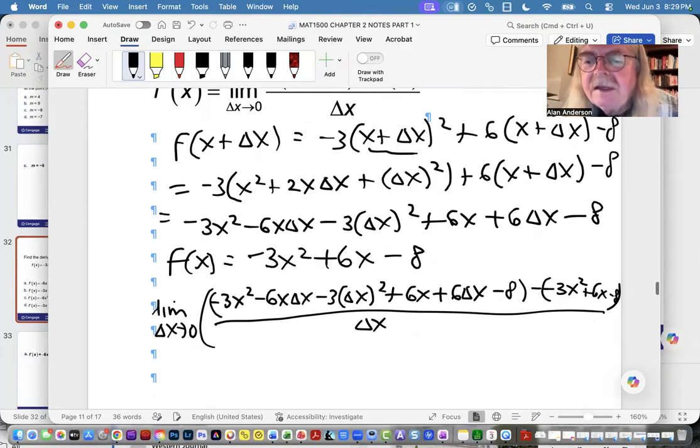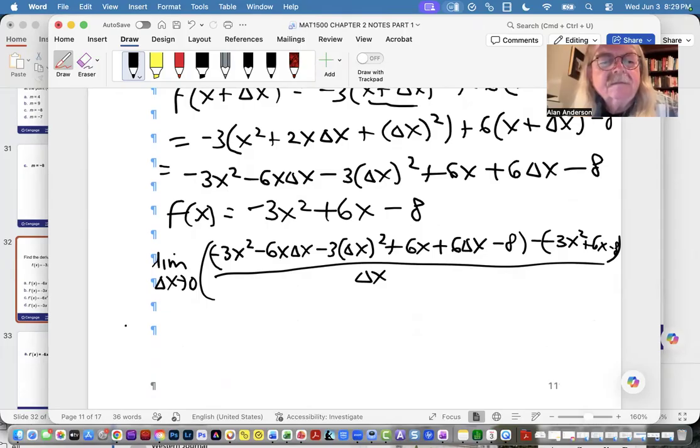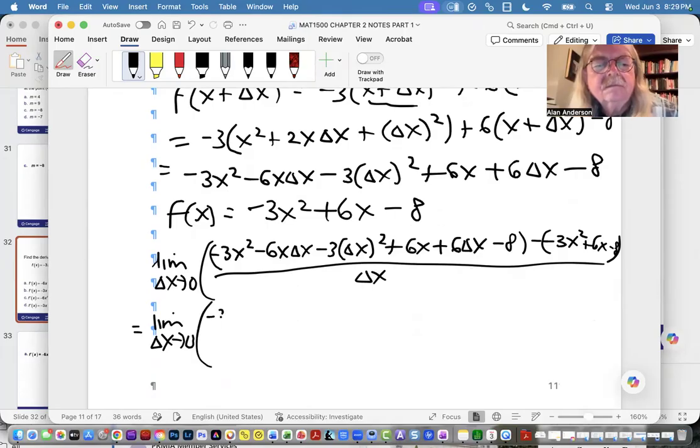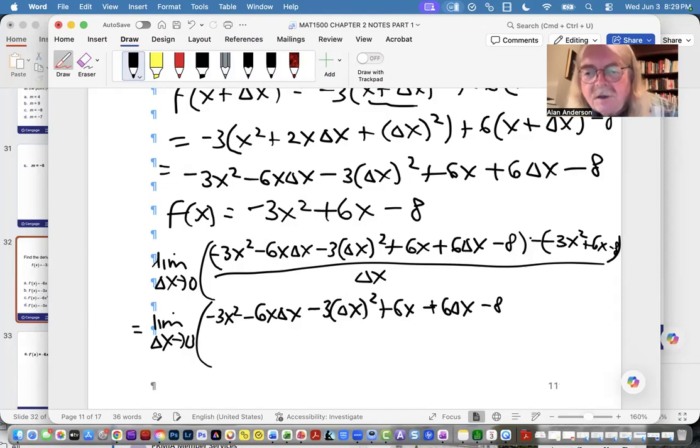Now over here, keep in mind, I've got a negative, so I have to be careful. So that makes this positive 3x squared minus 6x plus 8.